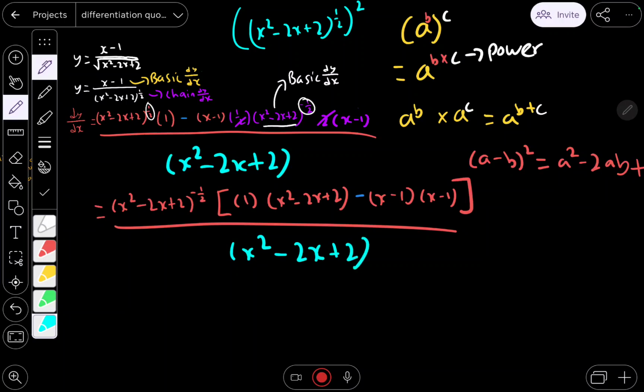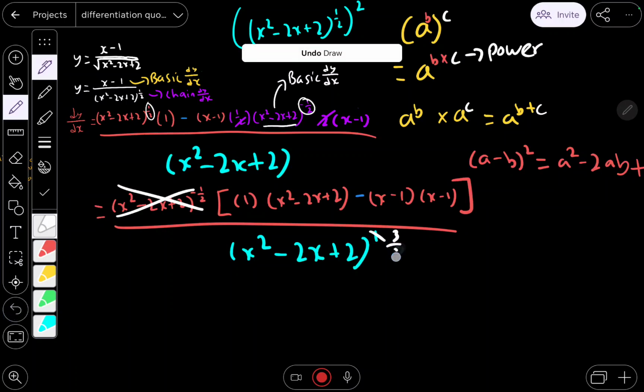So what do we know? Negative half and 1 we can cancel, right? So I will entirely cancel off this term, and then there's a power 1 here, right? I will change it to 1.5, or I'll write it as 3 over 2.